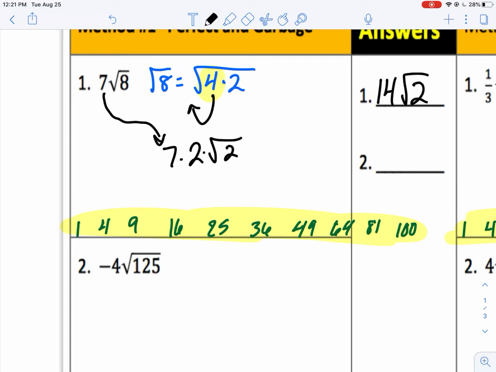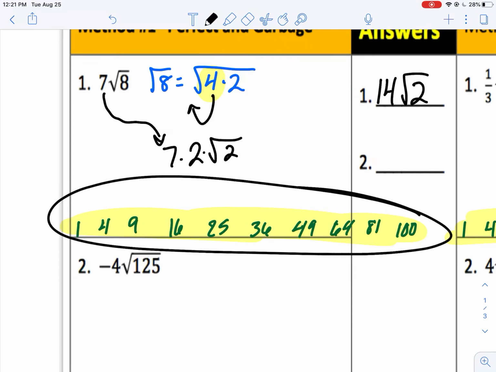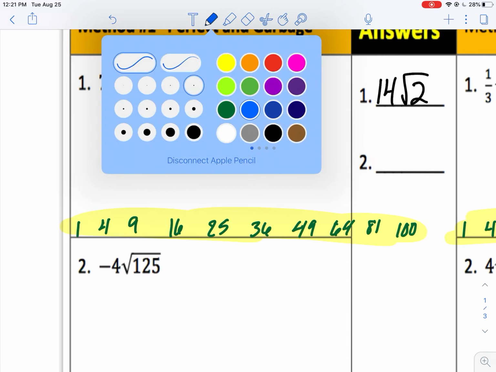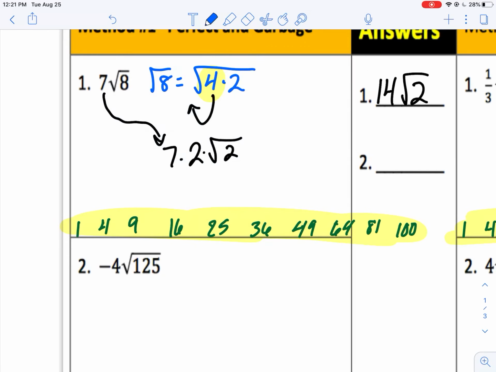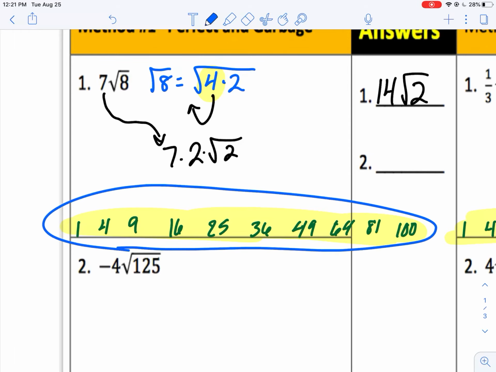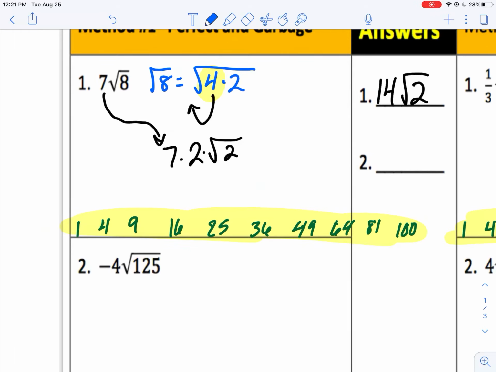So let's look at number 2. I'd like you to pause the video here and see which of these perfect squares goes into 125 evenly. So 125 divided by what gets you a nice whole number? And of course, we'll start down here at 100.